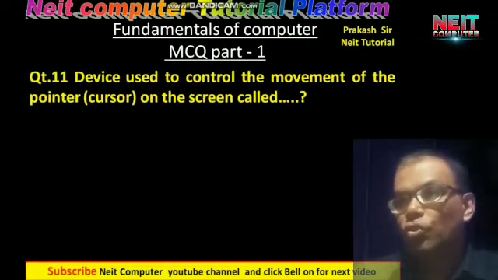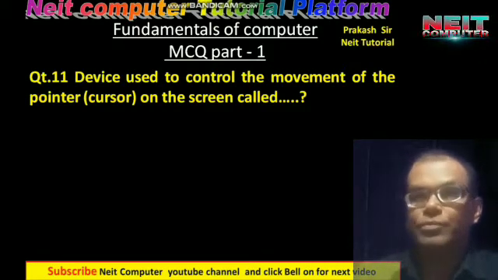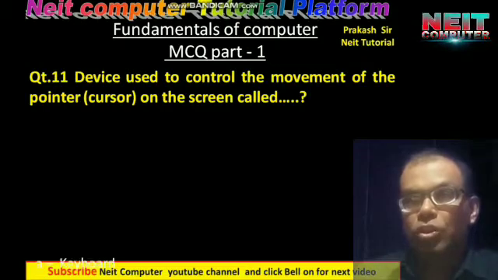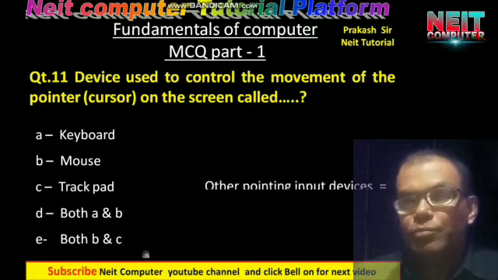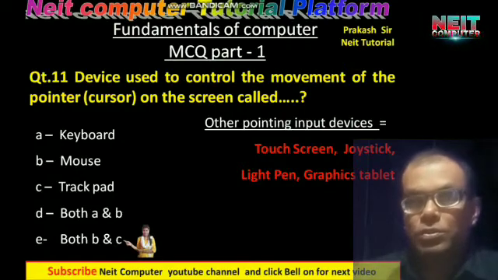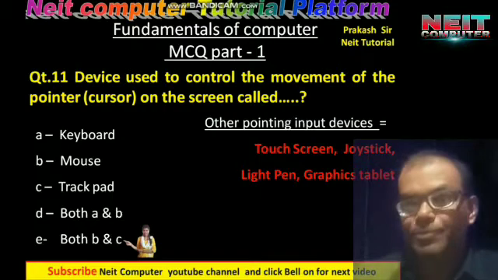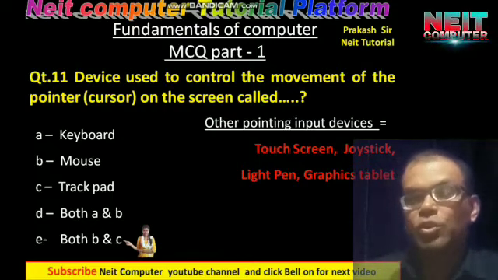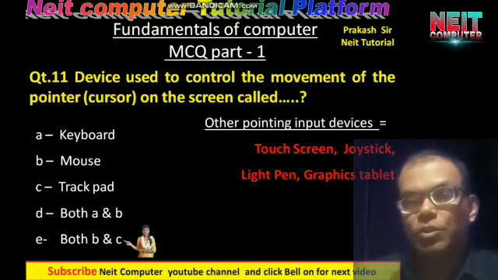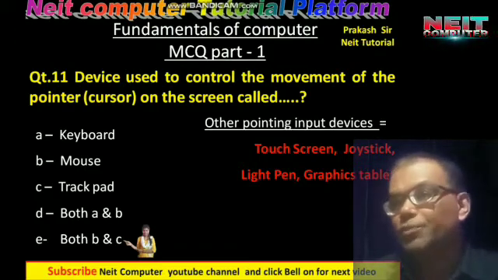Device used to control the movement of the pointer or cursor on the screen is called. The correct answer is both B and C. Number 1 is keyboard, number 2 is mouse, number 3 is trackpad, number D is both A and B, and number E is both B and C. So both B and C, mouse and trackpad, is the correct answer.